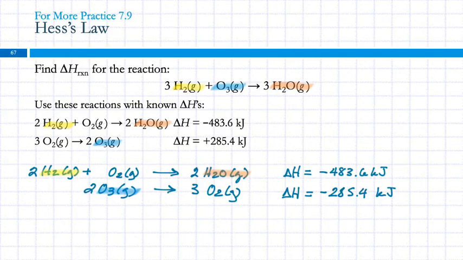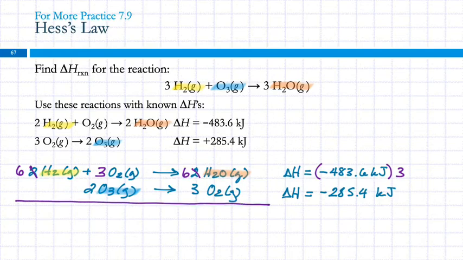So multiplying by 3, I get 6 and 3 and 6, and this is also multiplied by 3. Now if I add these together, my oxygens will cancel out.